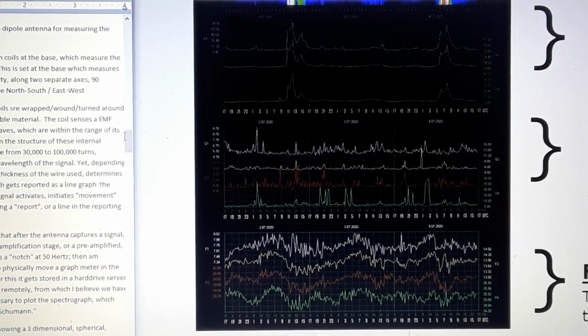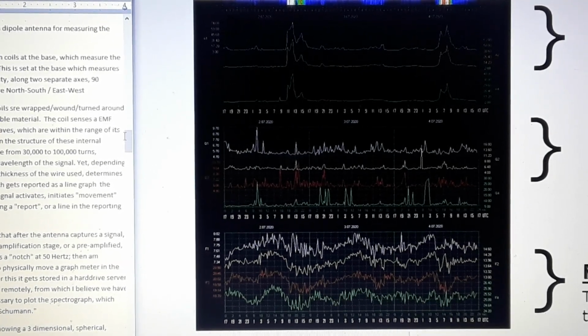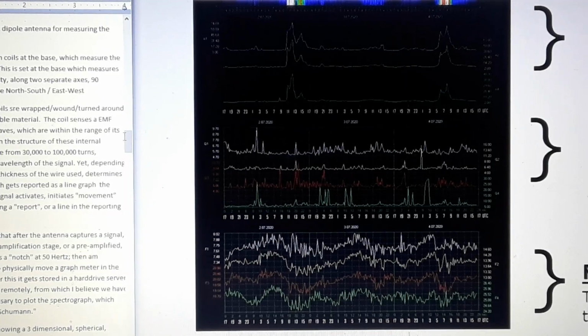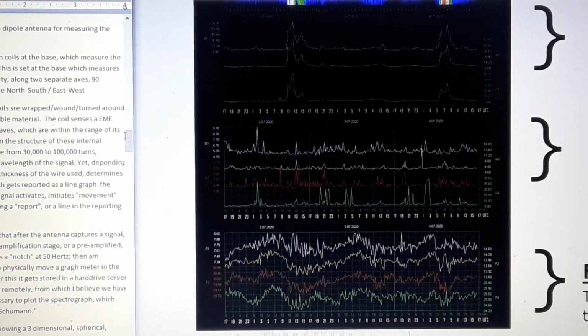This set at the base measures the magnetics, or the quality, along two separate axes, separated by 90 degrees. There's the north-south alignment axis, and then there is the east-west axis alignment.